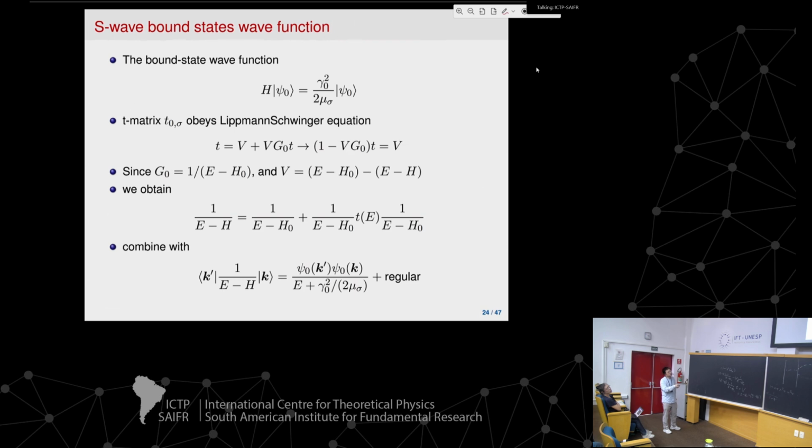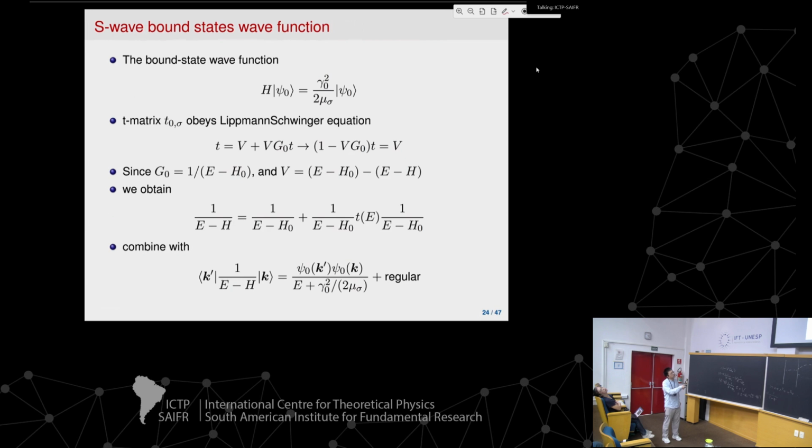So this part can be written as 1 over E plus the binding energy of this two-body system, times in the numerator this wave function in momentum space squared, plus some regular parts, because this is based on the assumption that your energy is very close to this pole. So the other part will be in this regular part. And so then we basically relate this 1 over E minus H to the wave function in momentum space.